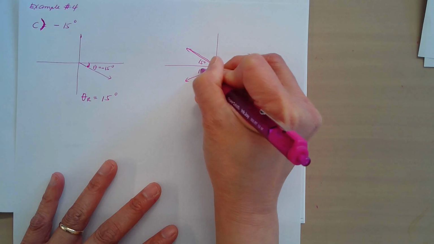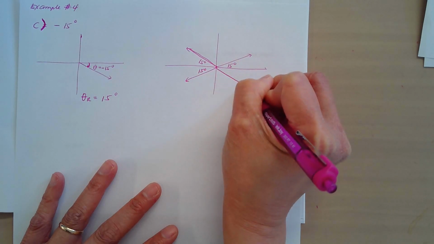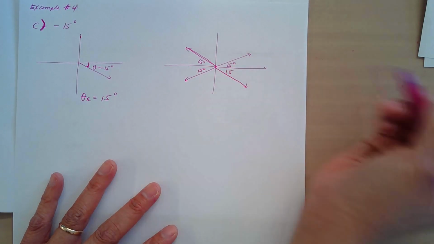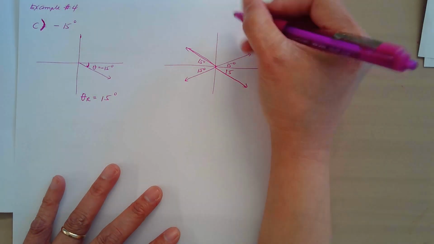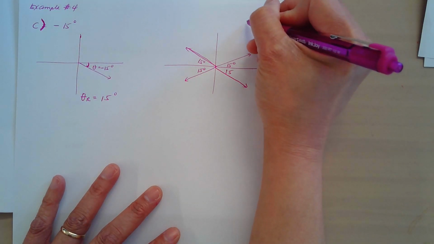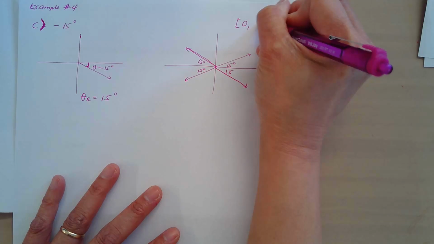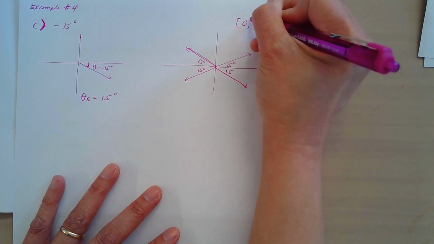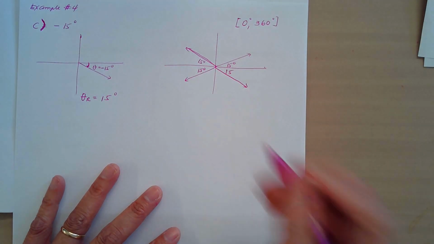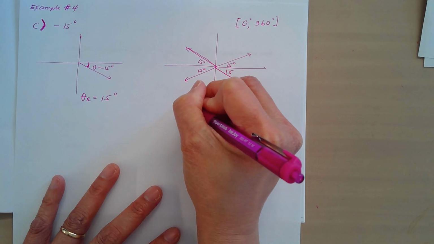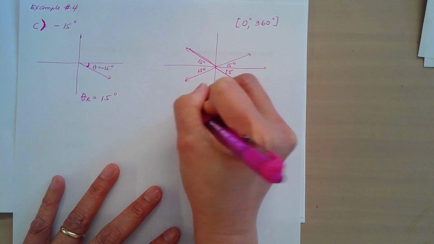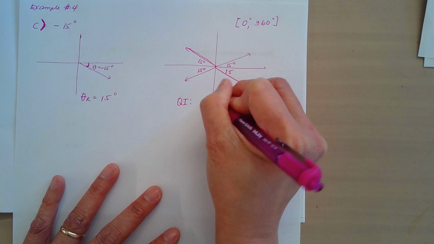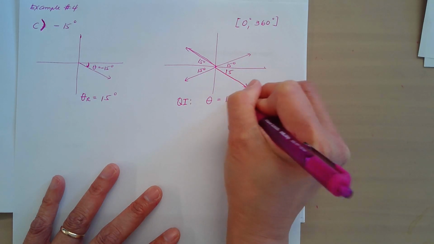This negative angle that they gave us is just a way for us to figure out the reference angle. In quadrant 1, theta is equal to 15 degrees.